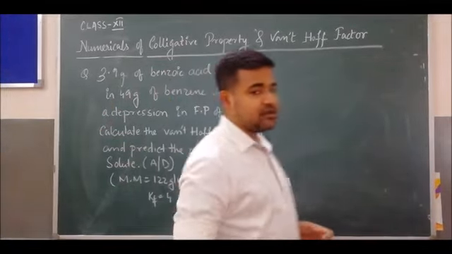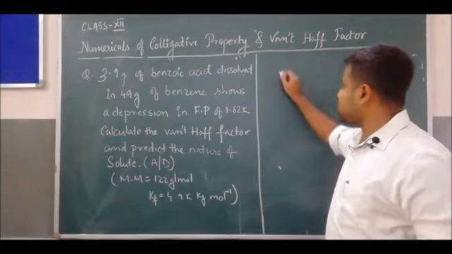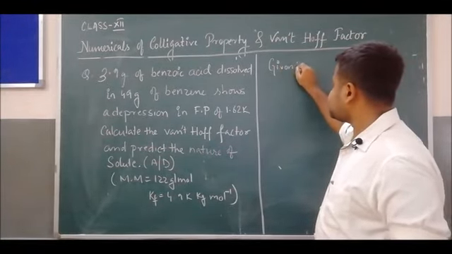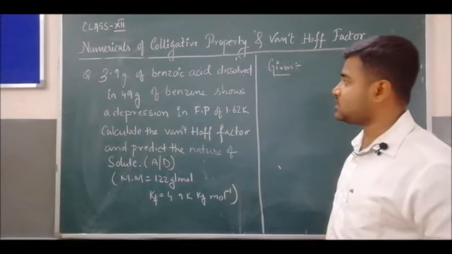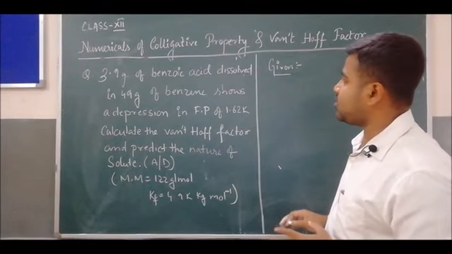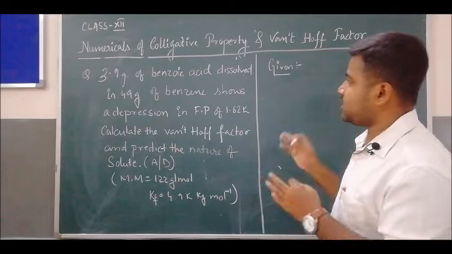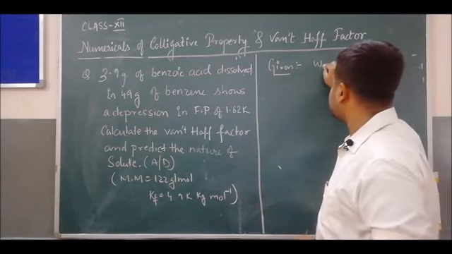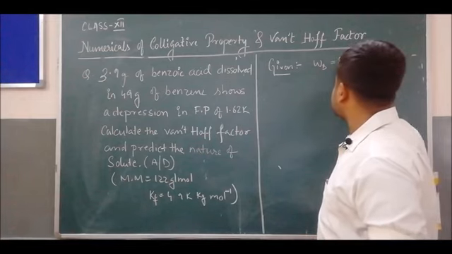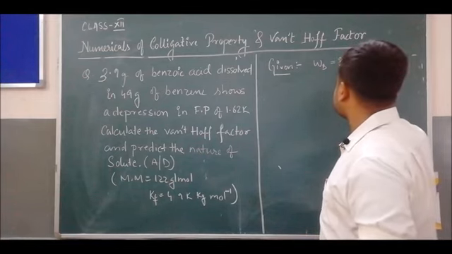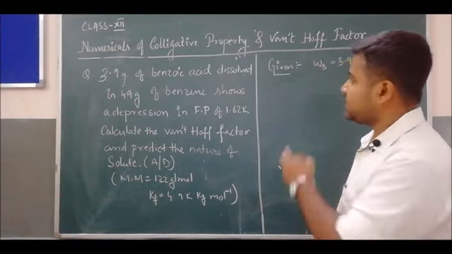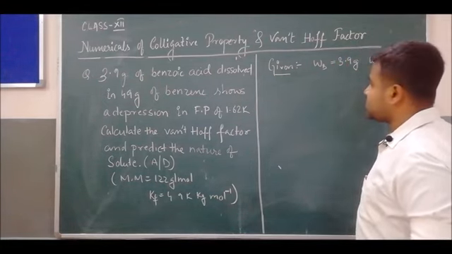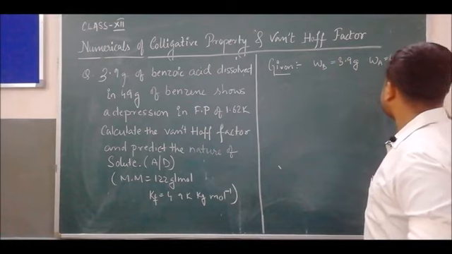First of all, what is given in the question? 3.9 gram of benzoic acid is dissolved in 49 gram of benzene, so WB equals 3.9 gram and WA equals 49 gram.